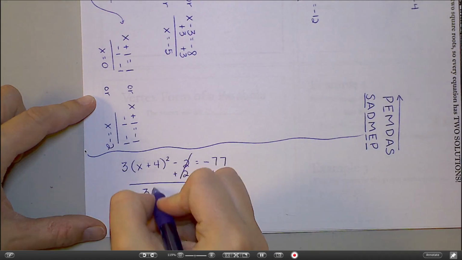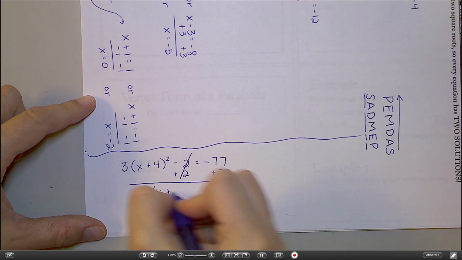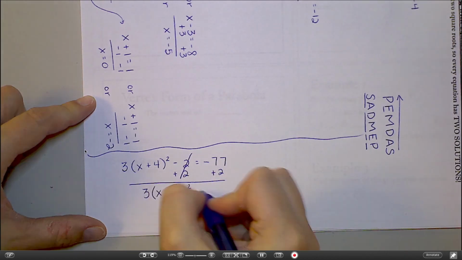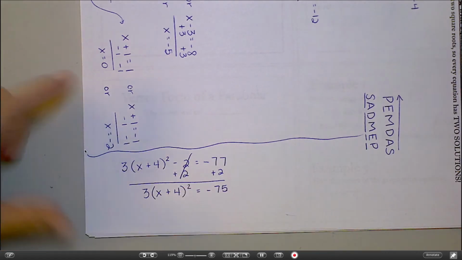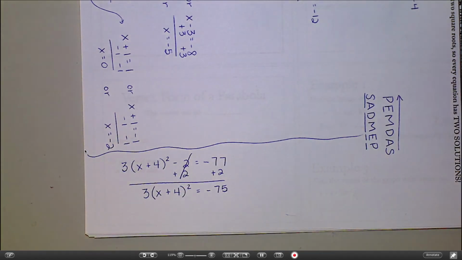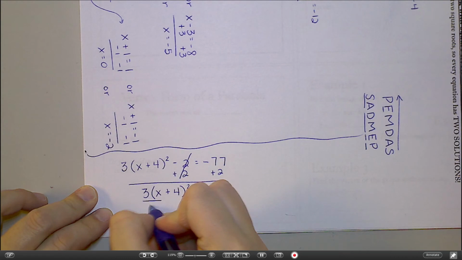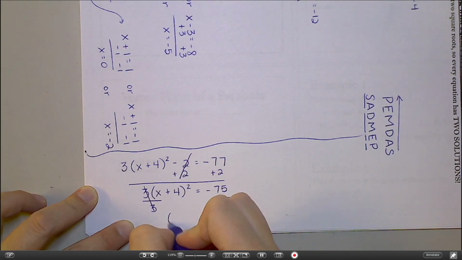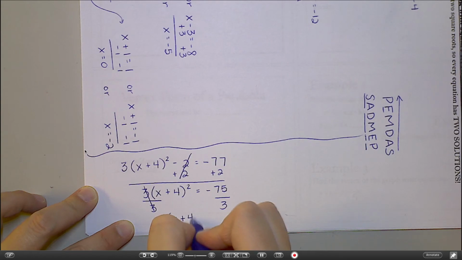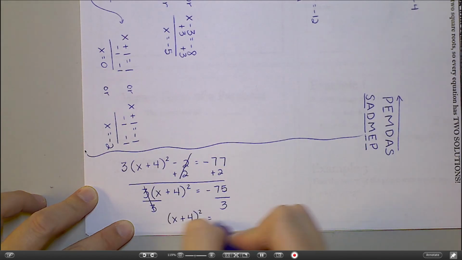So 3 times x plus 4 squared equals negative 75. Now what? Divide by 3. So I'm left with x plus 4 squared equals negative 25.